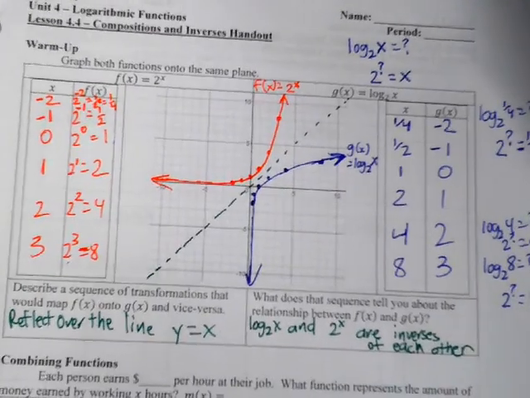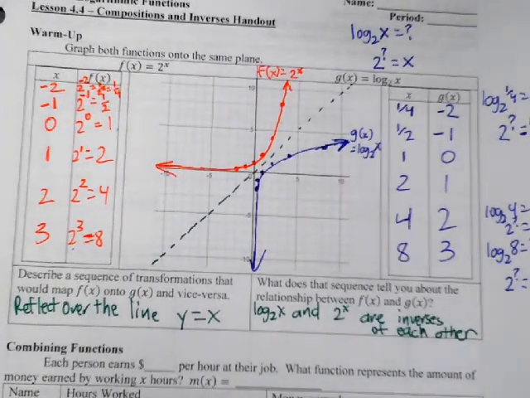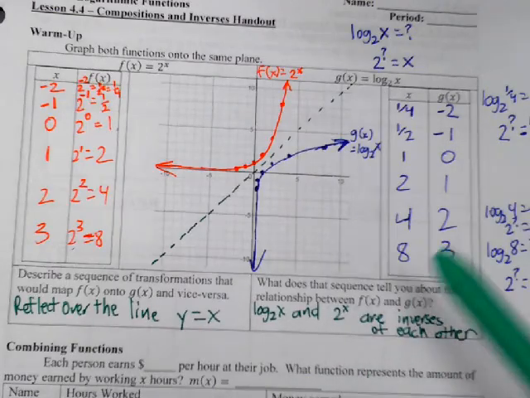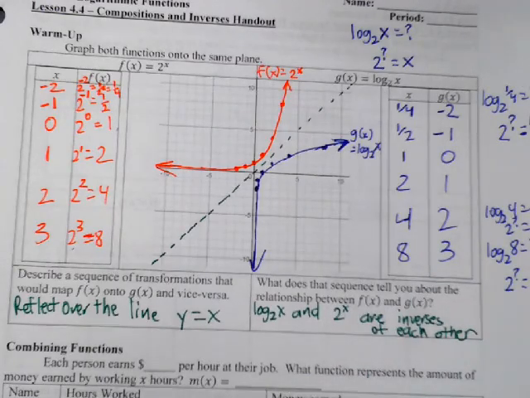That says log base 2 of x and 2 to the power x are inverses of each other. So that was just a little warm-up and review of what logarithms do and their relationship to inverse functions.